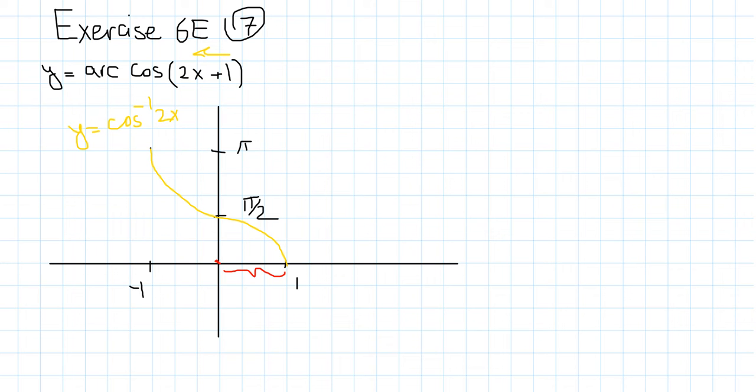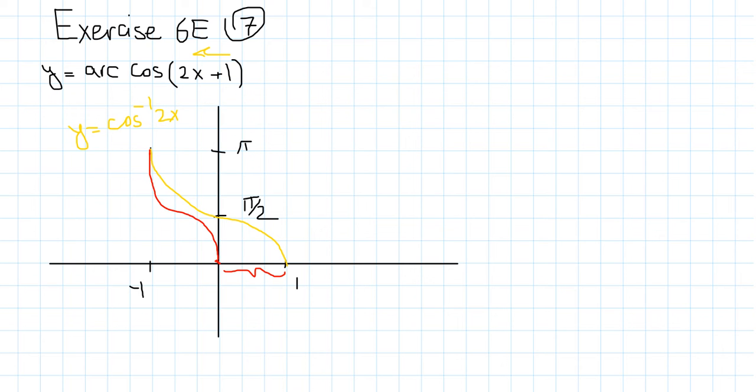Why? Because the domain of cosine inverse is between minus 1 and 1, and we should not change the domain. So easily I say my graph should be this. This is the graph of y equals arccos 2x plus 1.